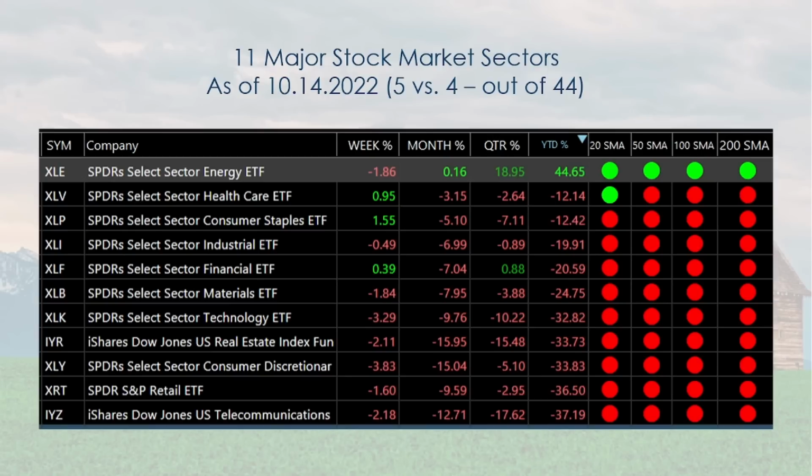The one at the top is above all four moving averages, and that's energy, basically oil companies, XLE, positive 44% year to date. And you obviously know why. XLV, which is healthcare, down 12, consumer staples down 12, industrials down 19, financials down 20, basic materials down 24, and all the way to the bottom, retail and telecommunications down 36 and 37%.